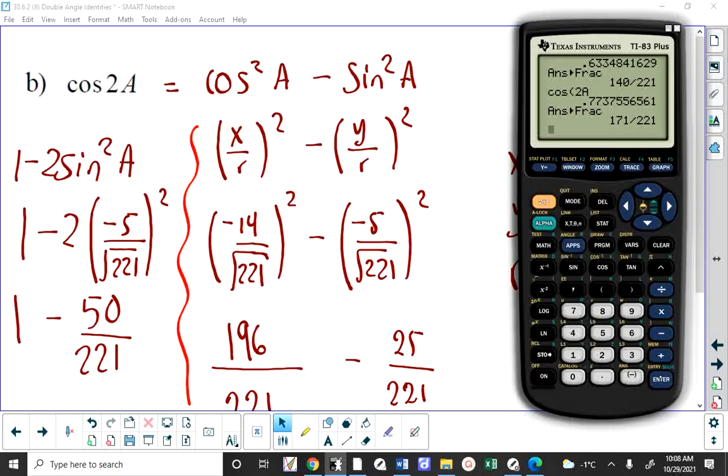You have to work with quadrants. And what's tangent of 2A? Oh, no, it's over 171, not 221. That's what we got for tangent.